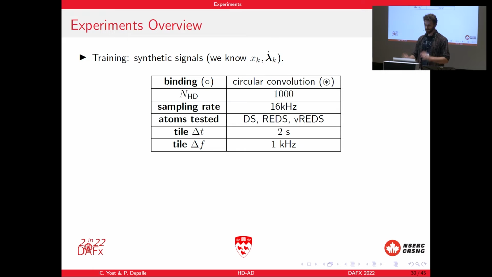So again, this overview, in training, we have synthetic signals, which are built from analytic expression of atom prototypes. We choose circular convolution to be our binding operation, a hypervector size of 1,000, 16 kilohertz audio, and a few different atoms.